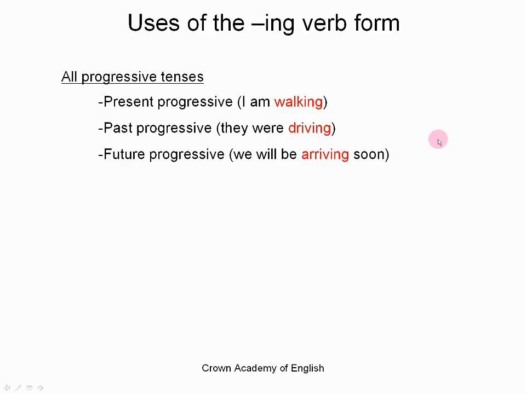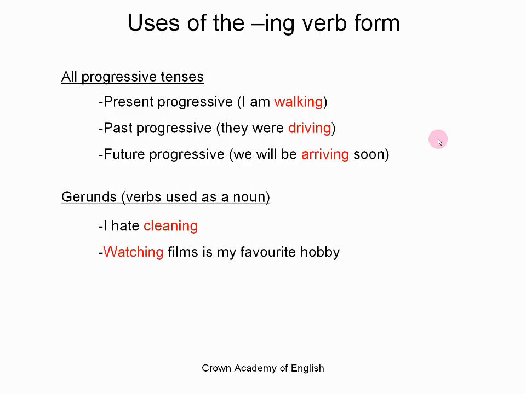The ing verb is also used as a gerund. A gerund is just a word that we use to describe verbs that are used as a noun. Let's have a look at some examples. If we say, I hate cleaning, we can see that cleaning is being used as a noun here.